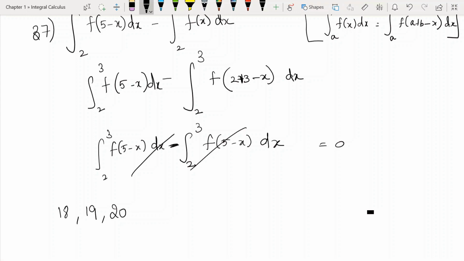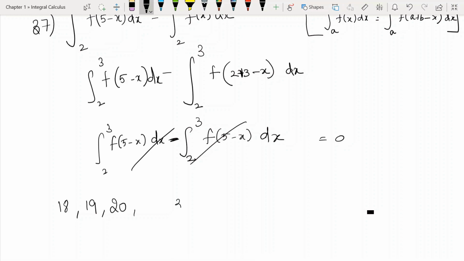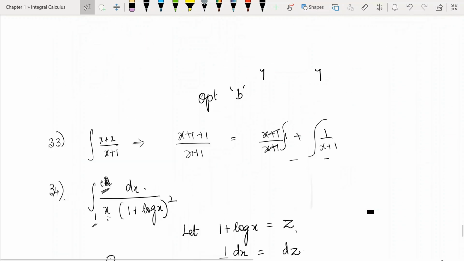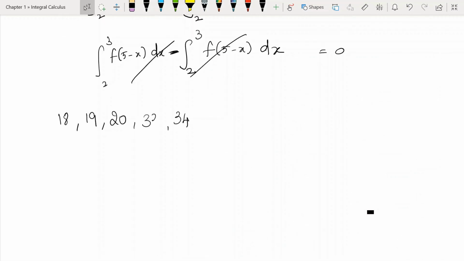Question number 35 I have partially done, so you will have to do that. Then there was another problem which we had partially done, that is question number 33. So 33 and 34 partially done. You can do that. What about question number 25? 25 also you can try.